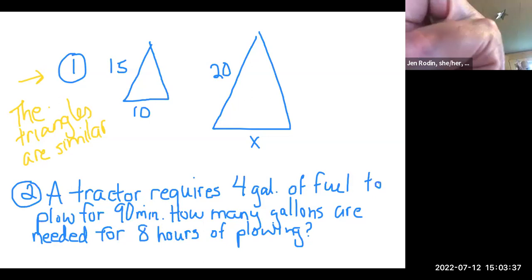And corresponding sides will be proportional. So we want to find the missing side. Like I was saying before, if we're ever not sure, just go ahead and say, okay, the bases of the triangles are here. This top left side is here and here. That would set it up. Go ahead and solve it if you are so inclined. That one comes out to be a mixed number. And that's okay.